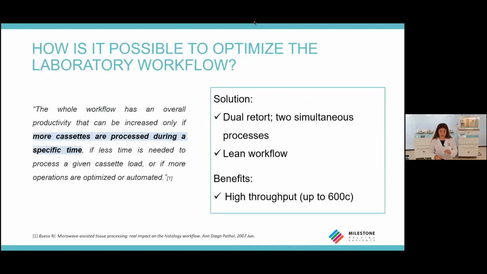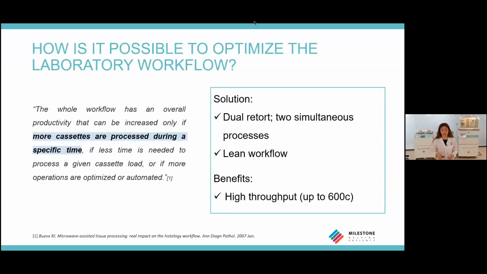Starting from the first sentence, more cassettes processed during a specific time. I'm sure that you are experiencing in your lab that the number of cassettes that have to be processed is constantly growing, and it's going to be bigger every day. So being able to process more cassettes is often a key point for a tissue processor.